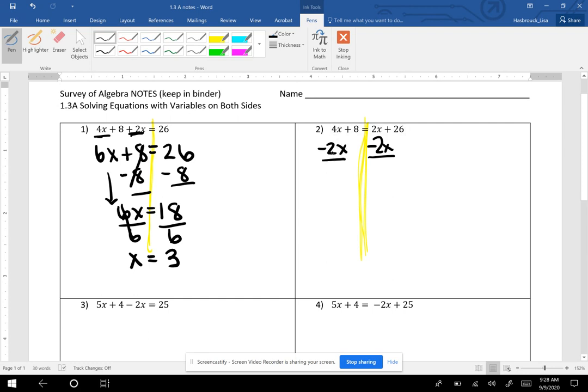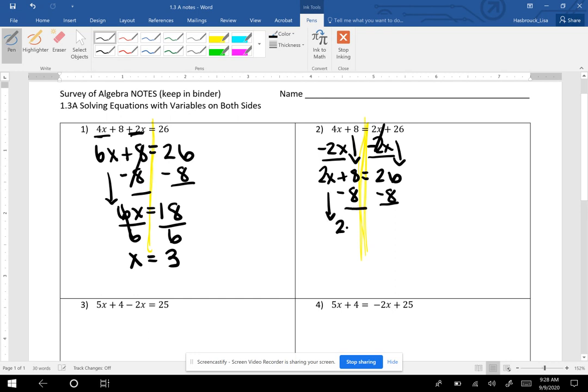So now 4x minus 2x is 2x. I bring down the plus 8 equals. 2x minus 2x cancels out, and that 26 comes down. Now, to get x alone, I need to start by moving addition and subtraction, so I'm just going to subtract that 8 from each side.